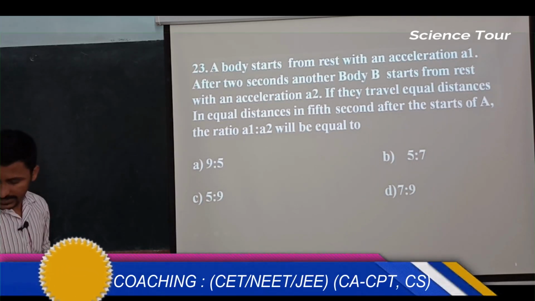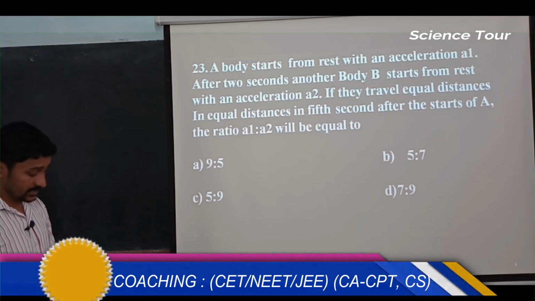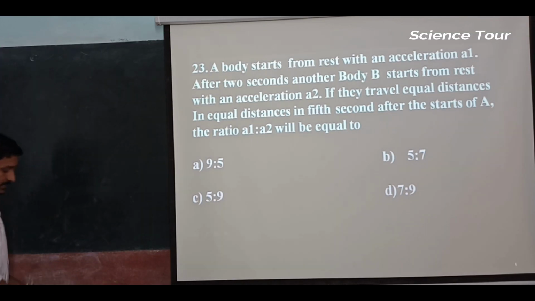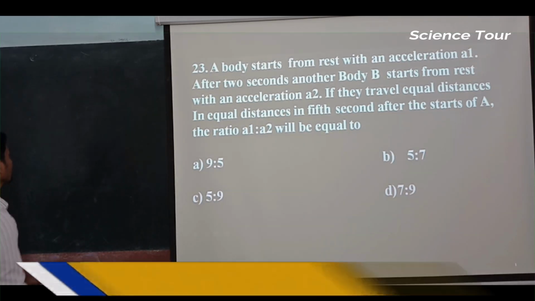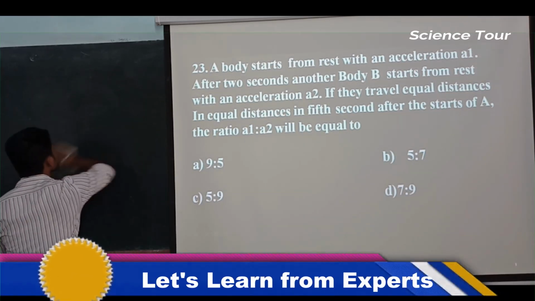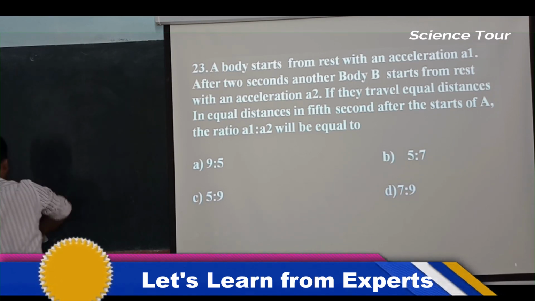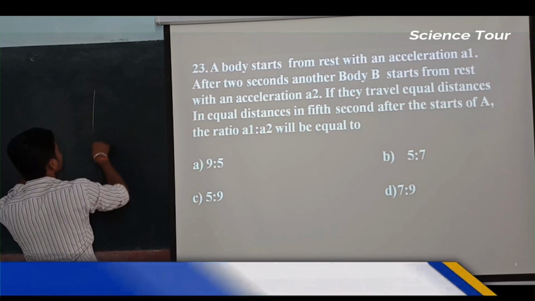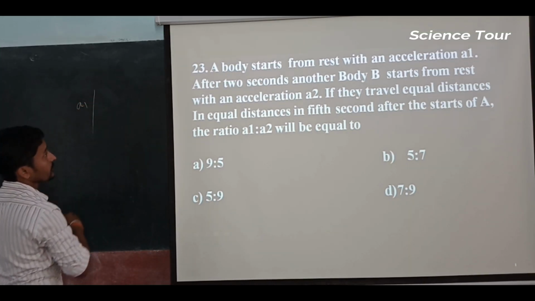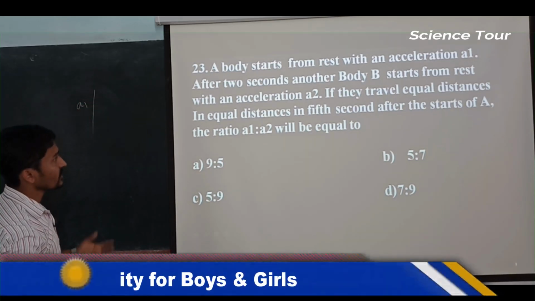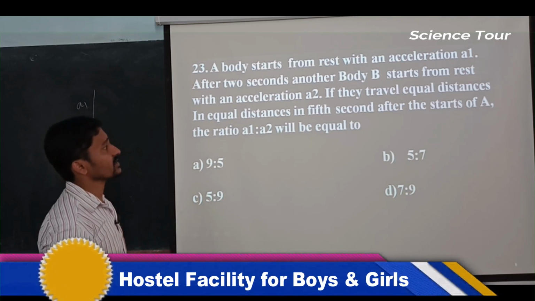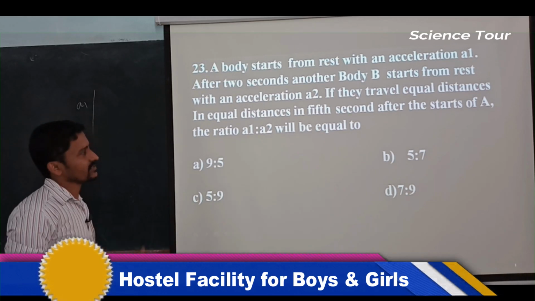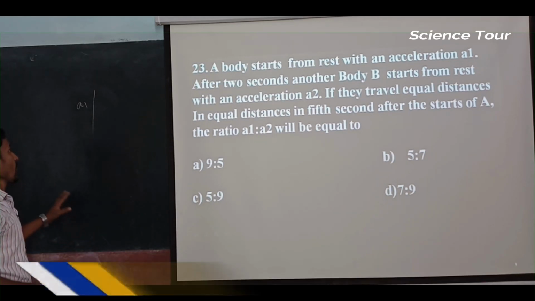Now a body starts from rest, which is similar to a freely falling body. It's not exactly freely falling, but you can consider it similar, though not always.